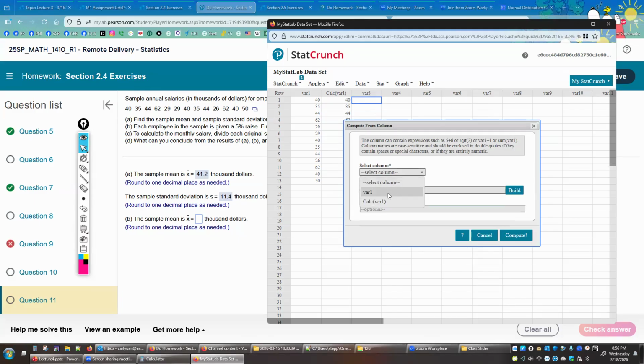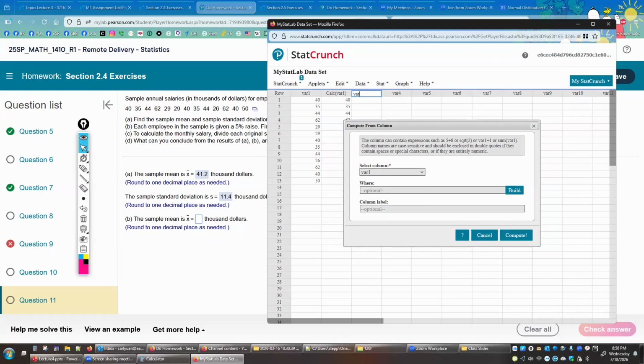Okay, so I'm going to do var1, column label. But how do you add things to it? So what I do is I put that on top.